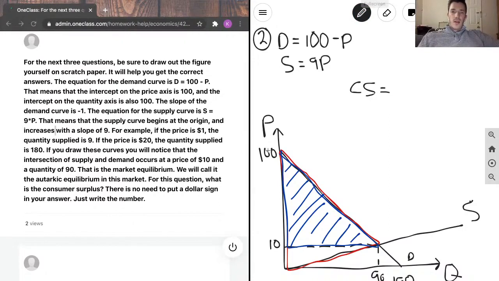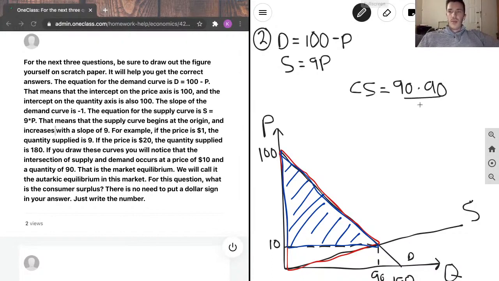We can see here that this is a triangle, and the formula for a triangle is base times height over 2. So our base is going to be from the origin over to the equilibrium here, so our base is 90. We multiply that by the rest of the triangle. Our height is going to be from this point 100 to this point 10, so 100 minus 10 is also 90.